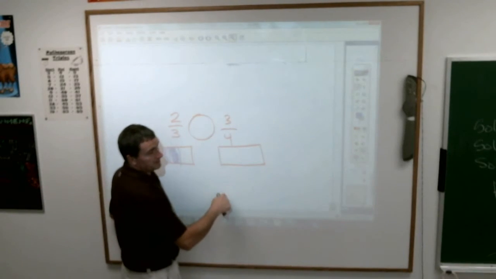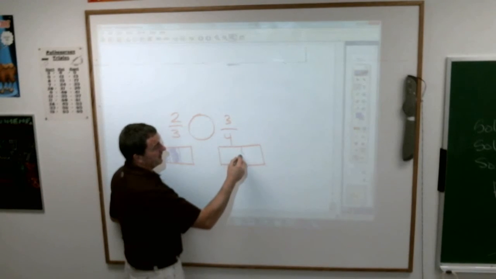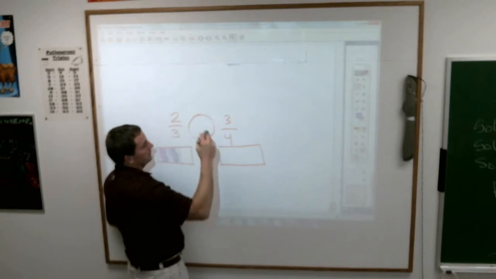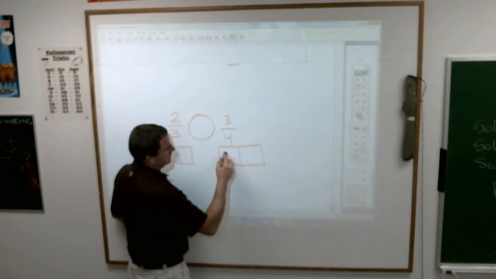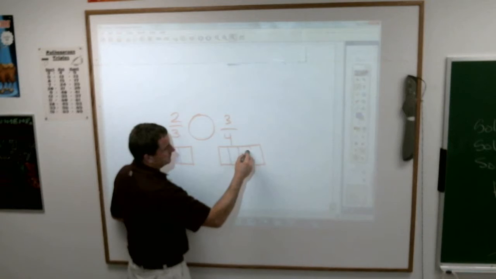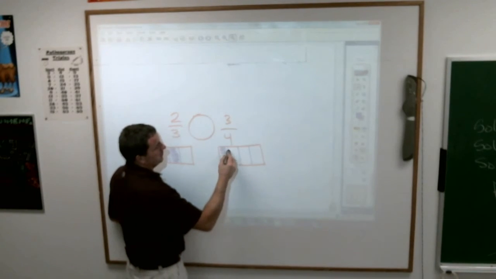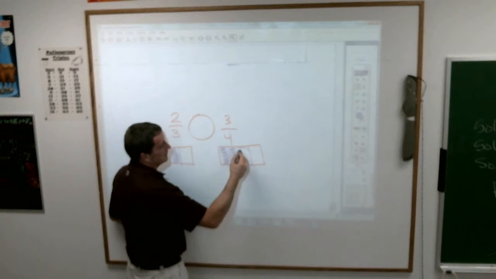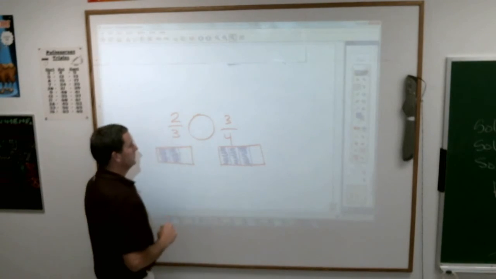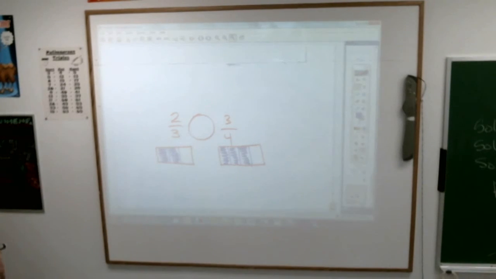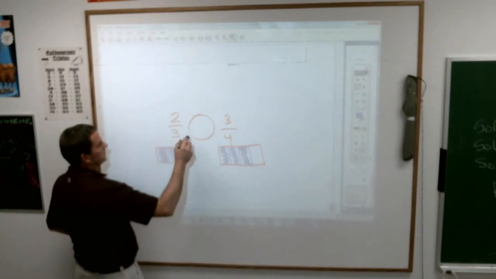And again, the best way to divide things in fourths is to cut them in half, and then cut those halves in half again. And you get pretty close. Shading those three pieces in. Which one appears bigger, and again, this is only as accurate as you are. Charlie, which one? 3/4. 3/4, yeah.